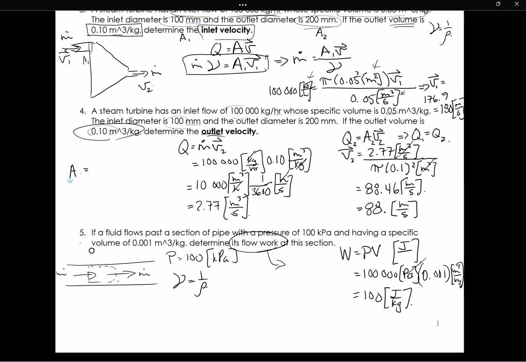The flow work that is being done is the number of joules per kilogram of flow that flowed through at a certain specific volume. So it's just 100 joules were done by each kilogram of flow. So therefore, 100 joules of energy did work per kilogram.